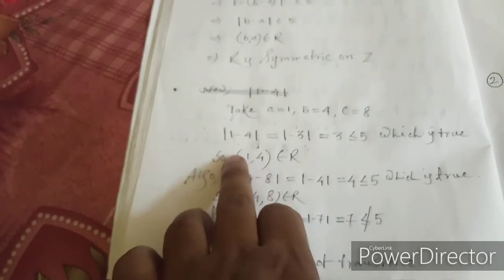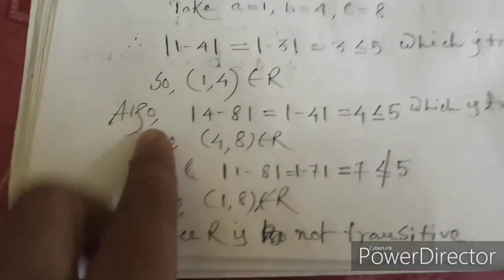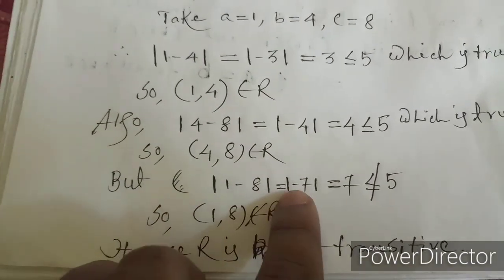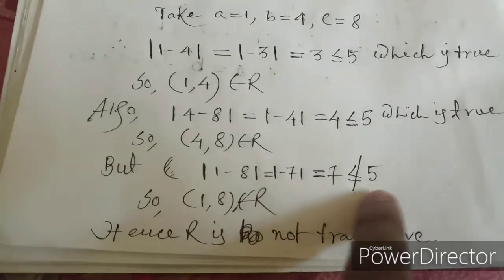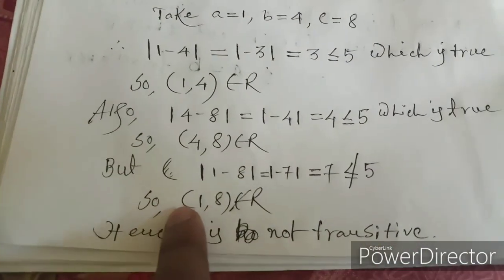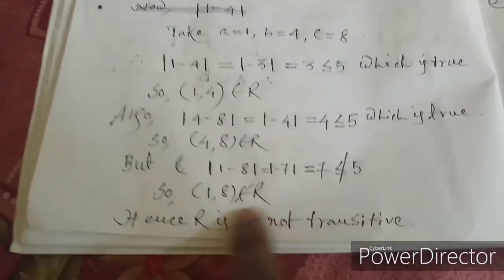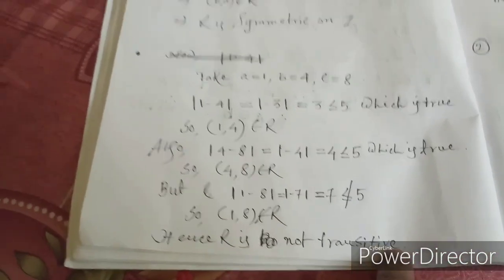So if the relation is transitive, we can show that (1, 8) belongs to R. But |1 - 8| equals |-7|, that is equal to 7, that cannot be less than or equal to 5. So (1, 8) doesn't belong to R, which means R is not transitive. And the problem is done.